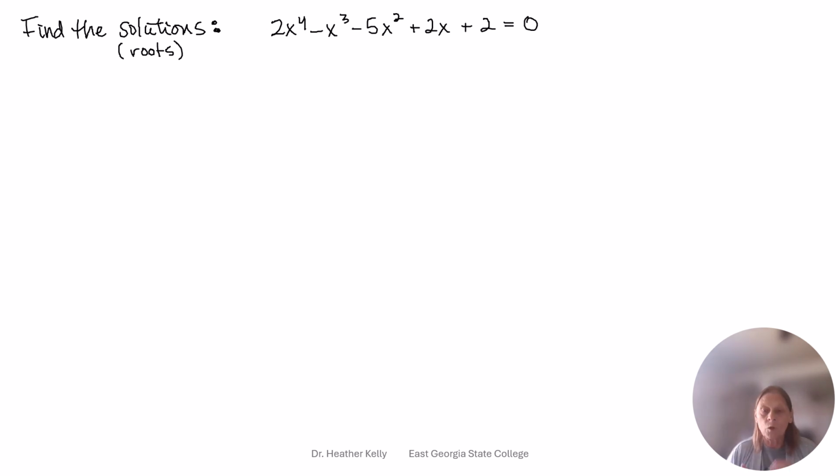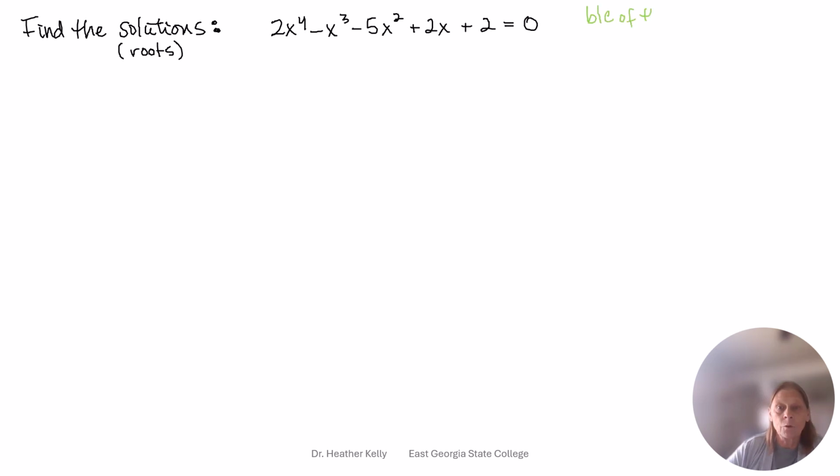And here we actually have something to the 4th power. So that means we're going to have 4 solutions. That also means that we will have to do synthetic division twice before we can use the quadratic formula. I'm even going to write that there.